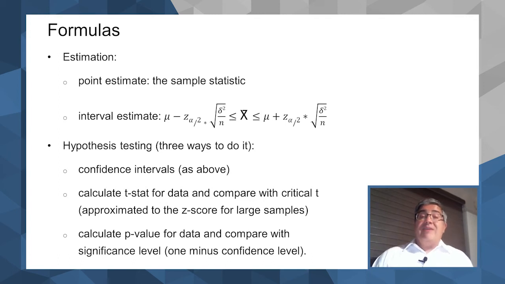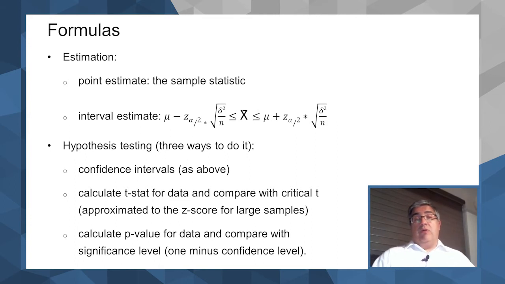For example, and you can check that with the table, if we want a 95% confidence interval, we want 2.5% on each extreme. So we want 95% in the middle. So we look in the table for the value that cuts off the top 2.5% of the distribution. And if you see that in the table, it will be 1.96.